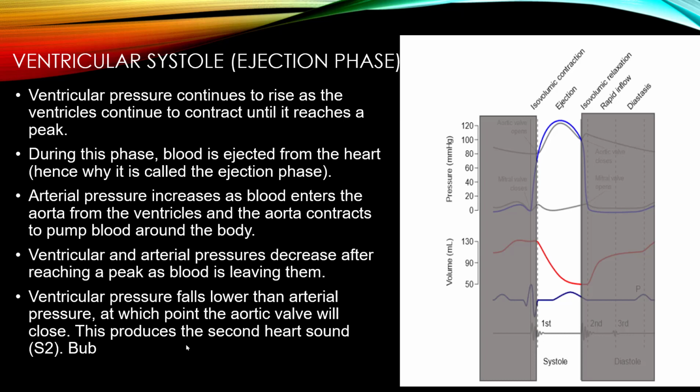This produces the second heart sound, which is called S2 and pronounced as dub. This is a high pitched sound and of short duration. You can see the ventricular pressure decreases more than the aortic pressure, and this causes the backflow of blood, which closes the aortic valve, and this produces the second heart sound called the dub.